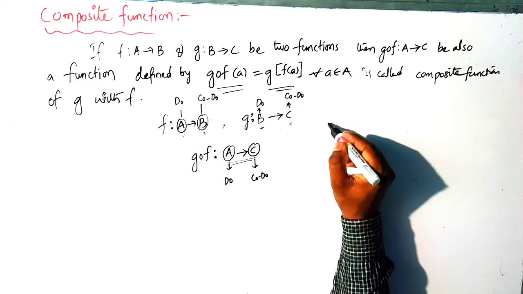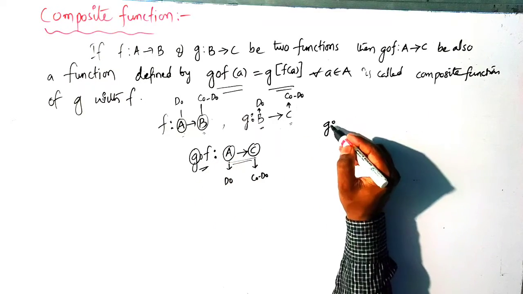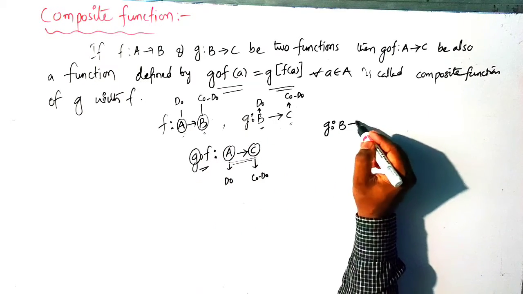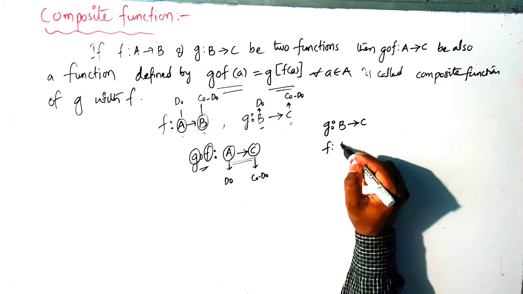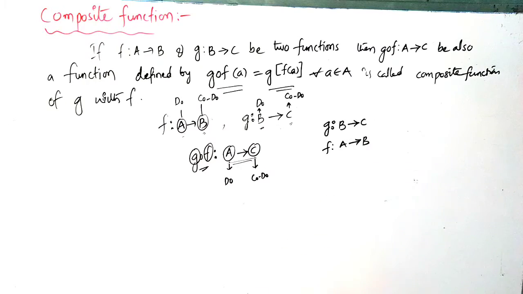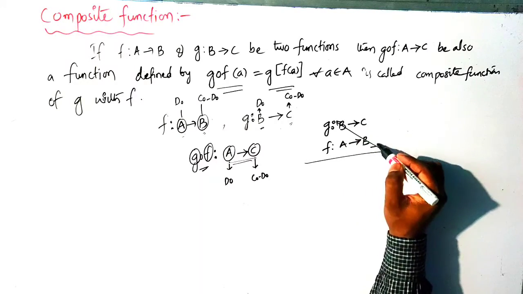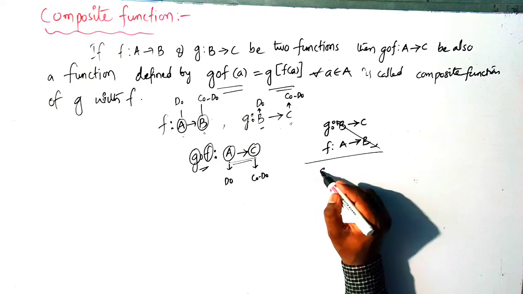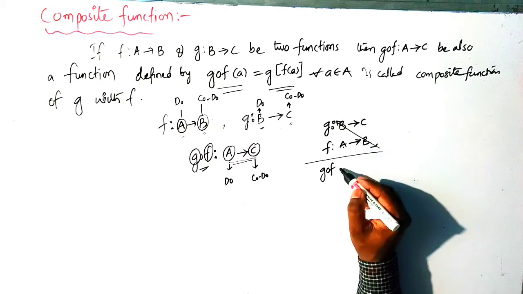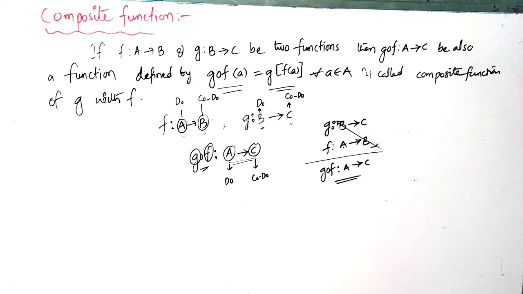First we take g circle f: g is a mapping from B to C, so we write that, then f is A to B. For the combination of these two functions we delete the common values, not only B, take any values. The remaining values give g circle f as a mapping from A to C.